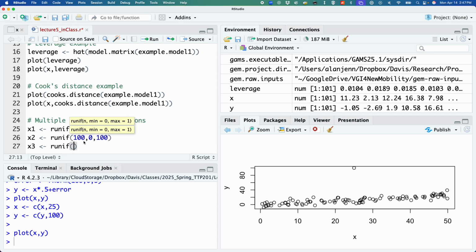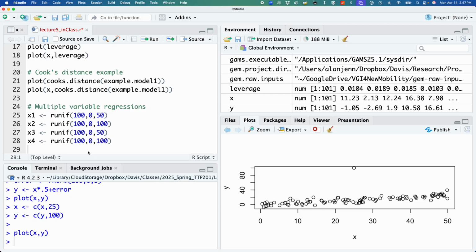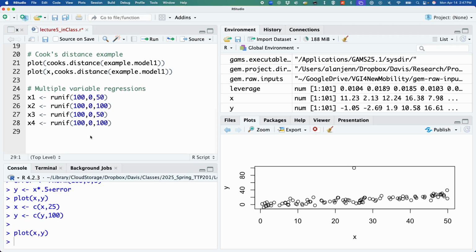Okay, continuing on here: 100, 0, 50. And x4 is our unit, 100, 0, 100. So we have 4 x's, and the error multi is going to be our norm, 100, 0, 5.